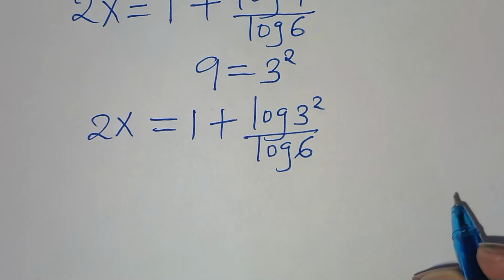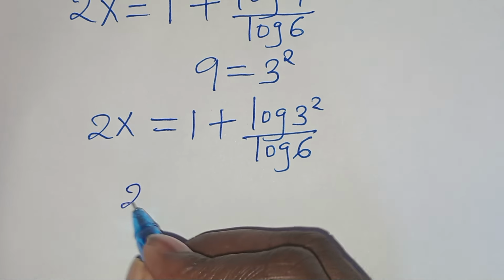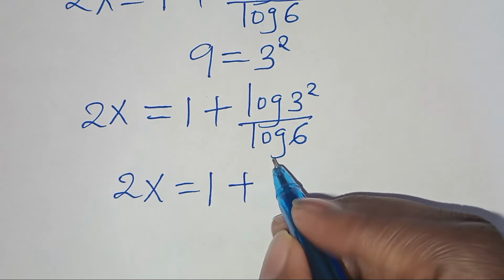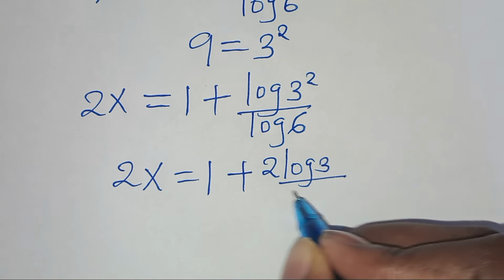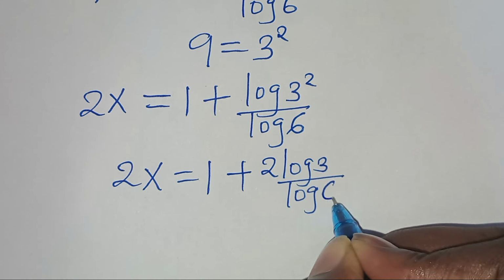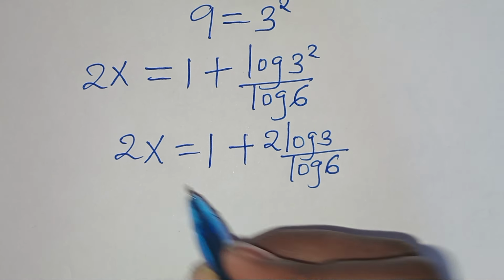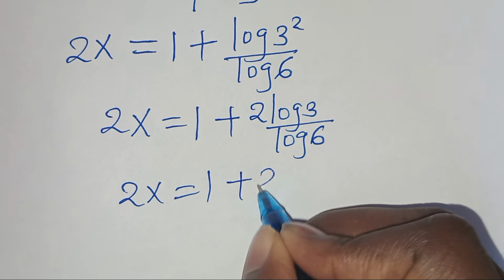Now, the next step from here, let's apply the power rule property, so that now 2x is equal to 1 plus log 3 to the power of 2 becomes 2 log 3 divided by log 6. So that now from here we have 2x equal to 1 plus 2.